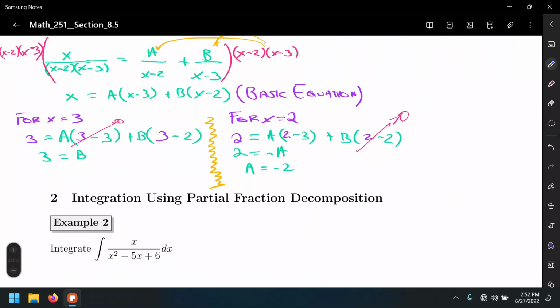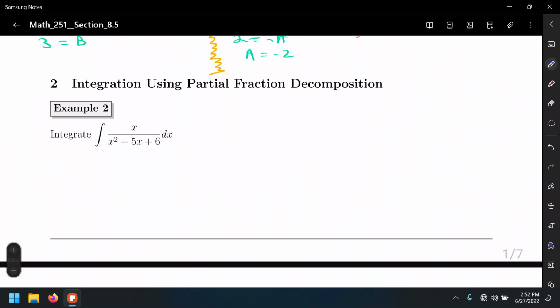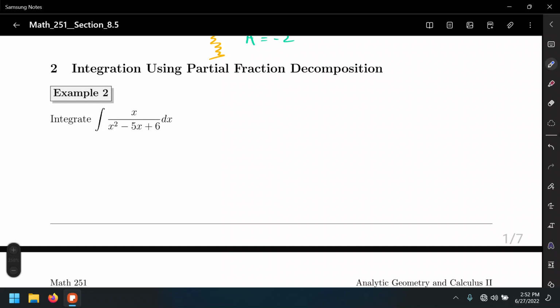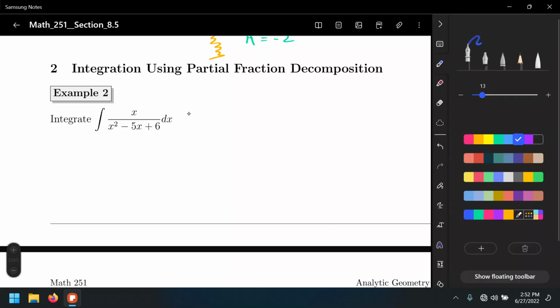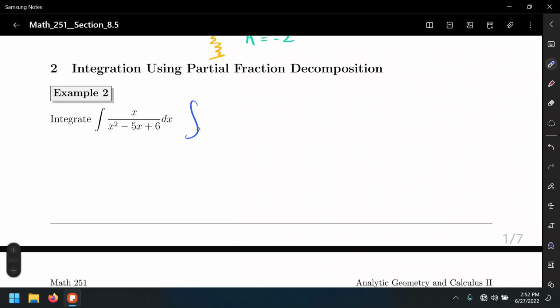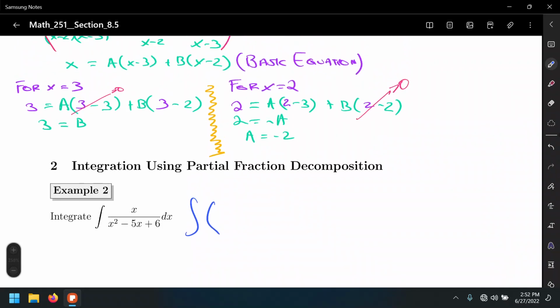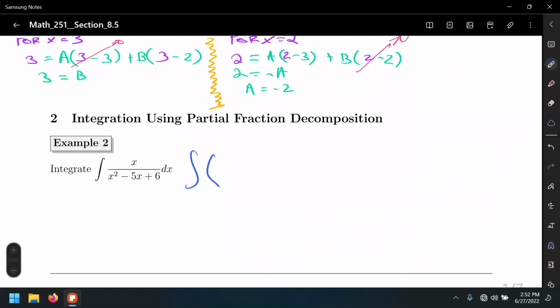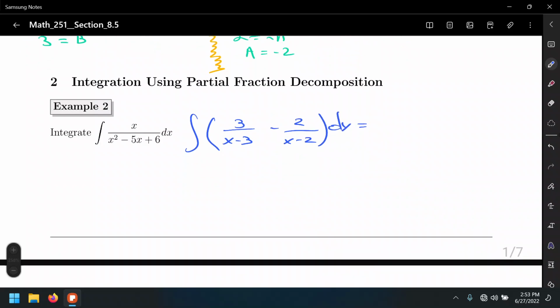Now we're going to integrate using partial fraction decomposition. Integrate x over x squared minus 5x plus 6. Of course, we're not going to do the partial fraction decomposition again; we're just going to use the result from the previous part. That is the integral of 3 over x minus 3 minus 2 over x minus 2 with respect to x.